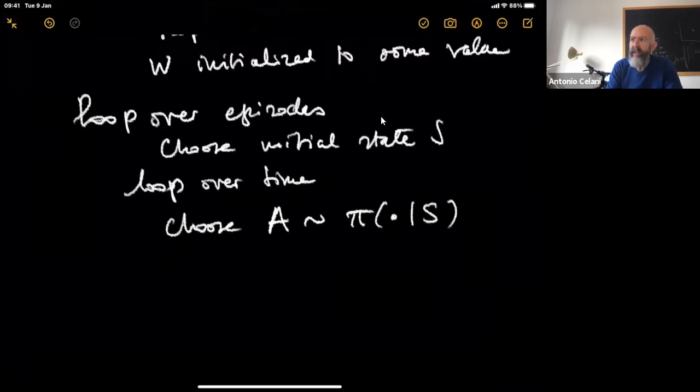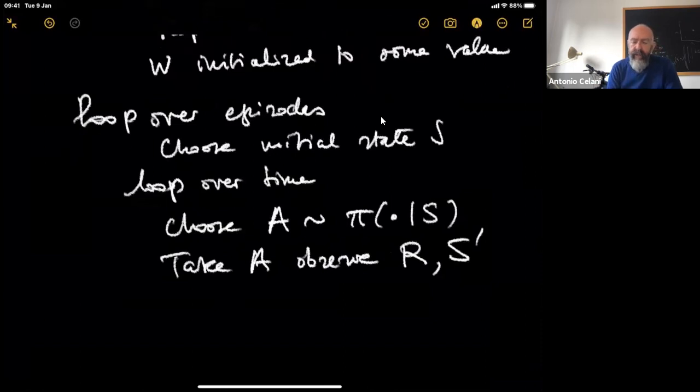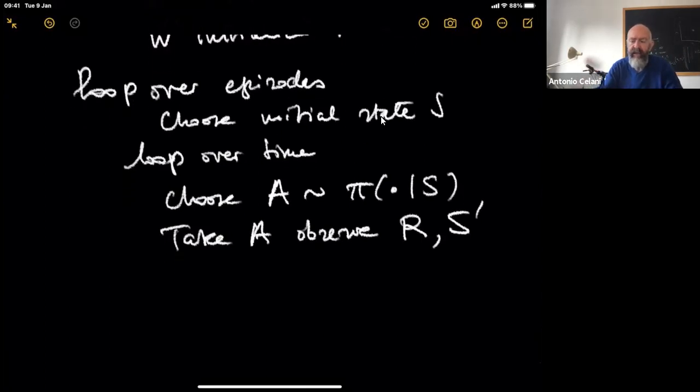Having chosen the action, you take action A and observe the reward and the new state as usual. Okay, so this is a typical interaction you have with your environment, be it robotic or just the code which produces your outcomes according to some hidden generative model.